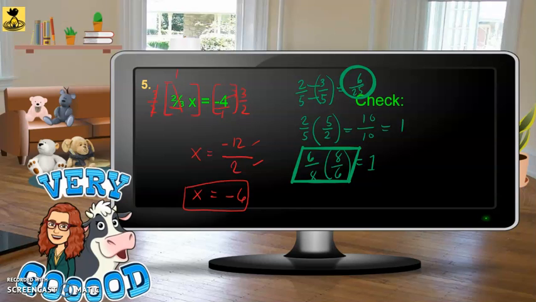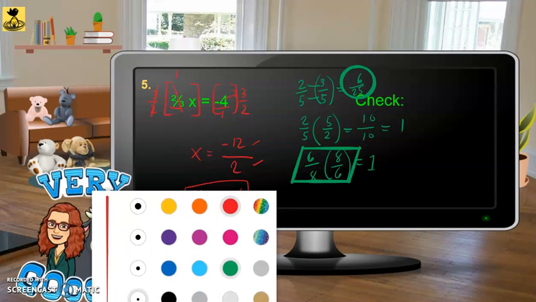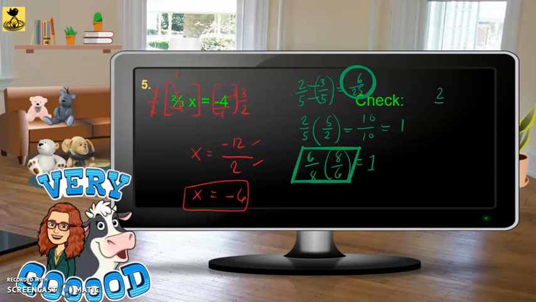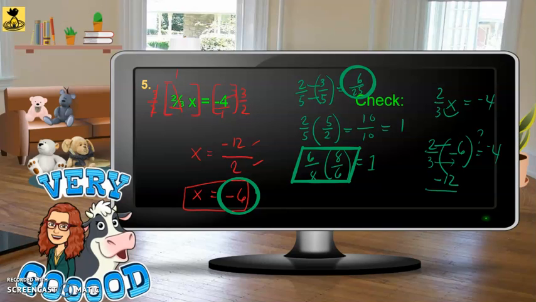Let's do the checking. To check, we need to copy the original equation, which is 2/3 x is equal to negative 4. And we will replace x with negative 6. So we have 2/3 times negative 6. Is it equal to negative 4? So 2 times negative 6 is negative 12, and 3 times 1 here is just 3.